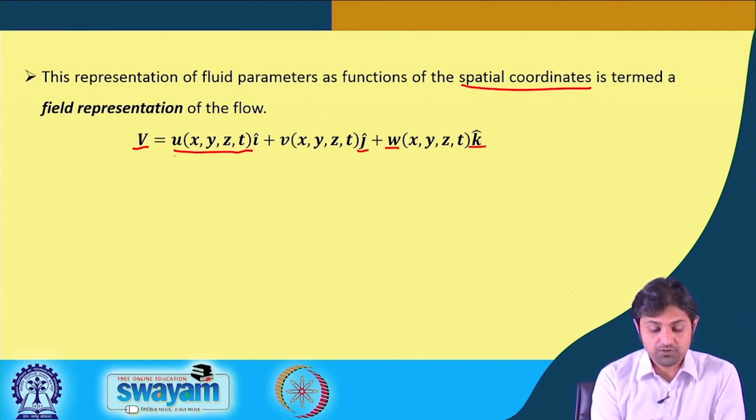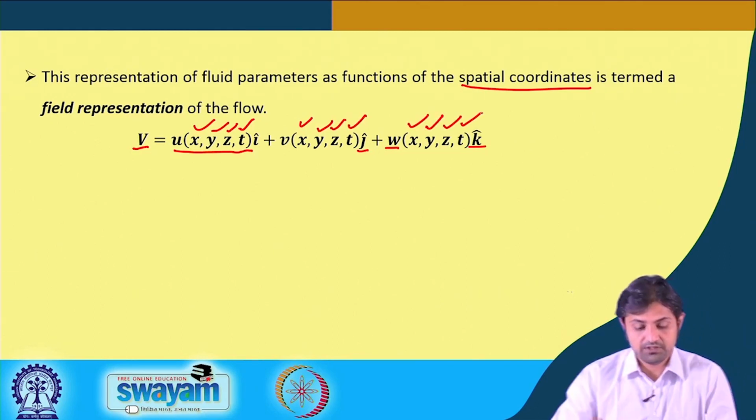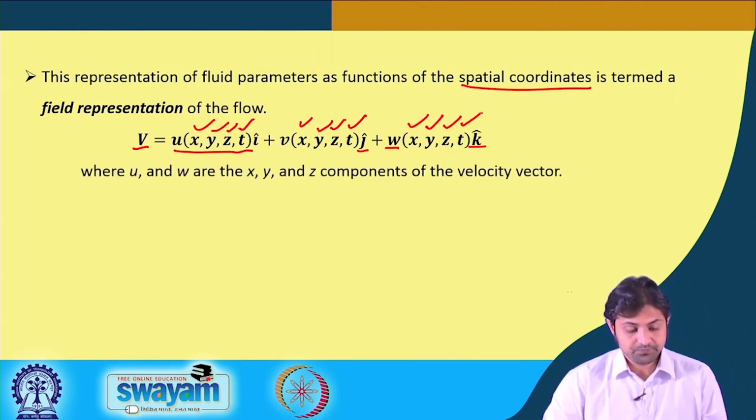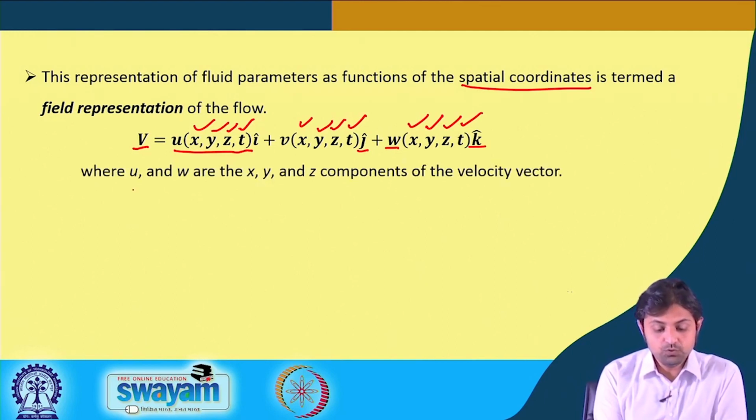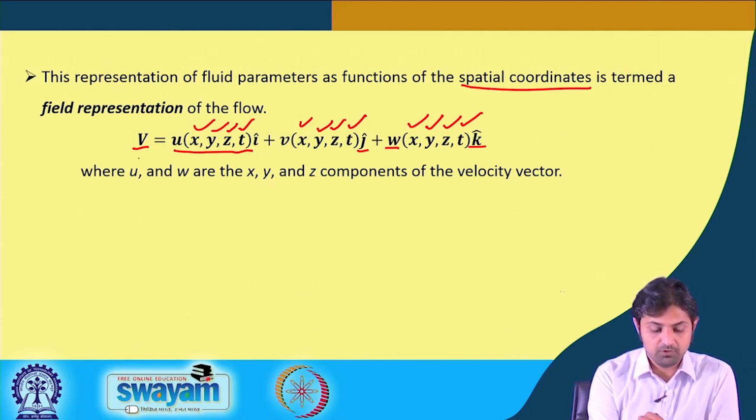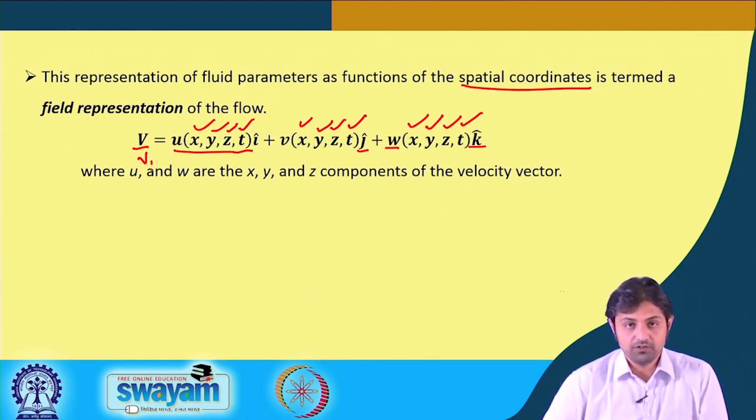Each of u, v and w can be a function of x, y, z and t. As I told you, u, v and w are the x, y and z components of the velocity vector.